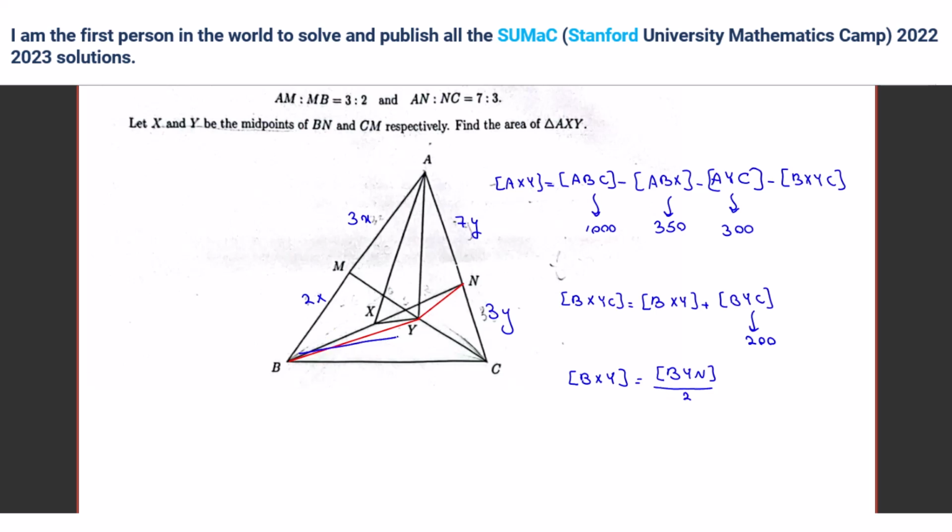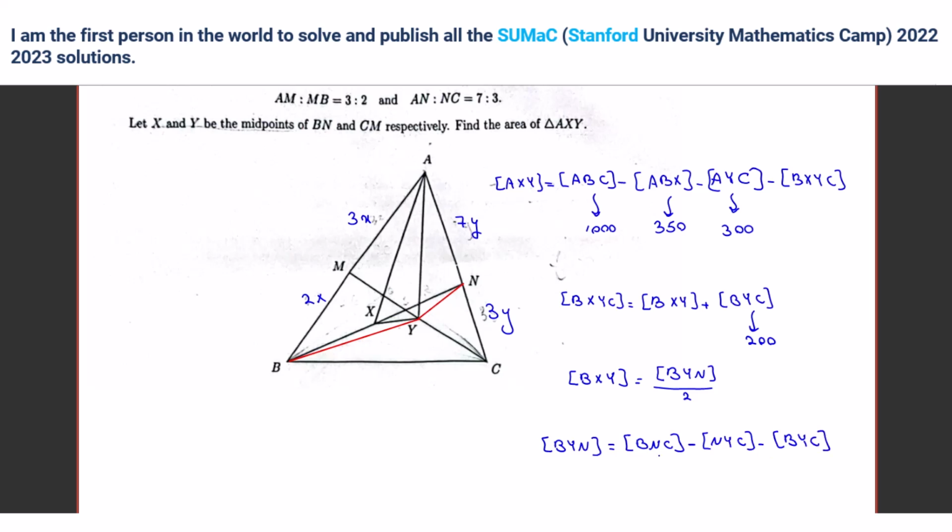So then we should calculate the area of BYN, right? Yes. So the area of BYN, this part, we can say is the area of this part minus the triangles we have, right? So it is equal to the area of BNC minus what, minus what? NYC minus BYC. Exactly, minus BYC.